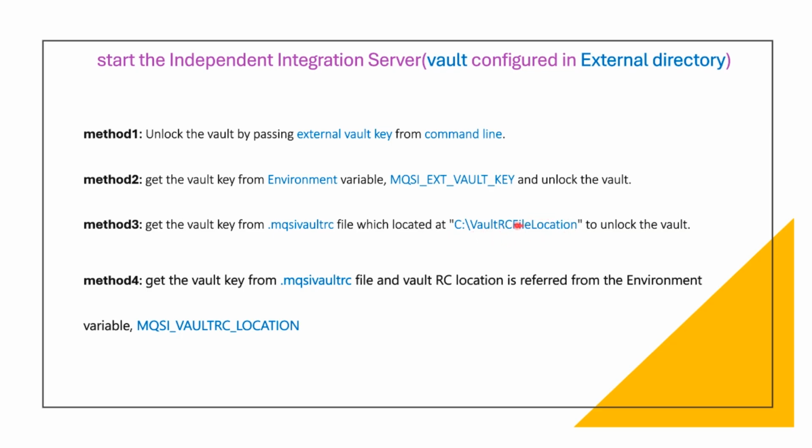It can be any valid location to unlock the vault. Method 4, get the vault key from .mqsivaultrc file, and vaultrc location is referred from the environment variable. This is the environment variable mqsi_vaultrc_location. We will see all these methods in detail.